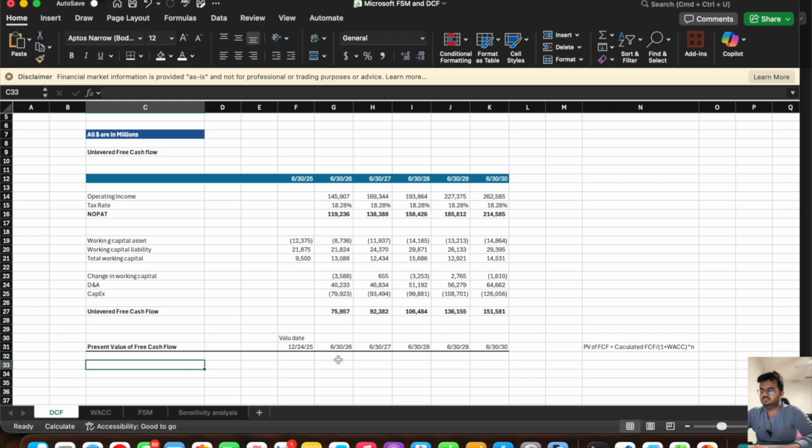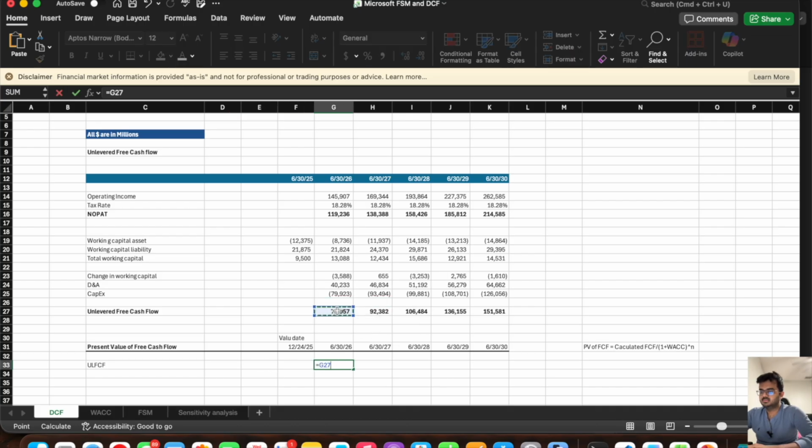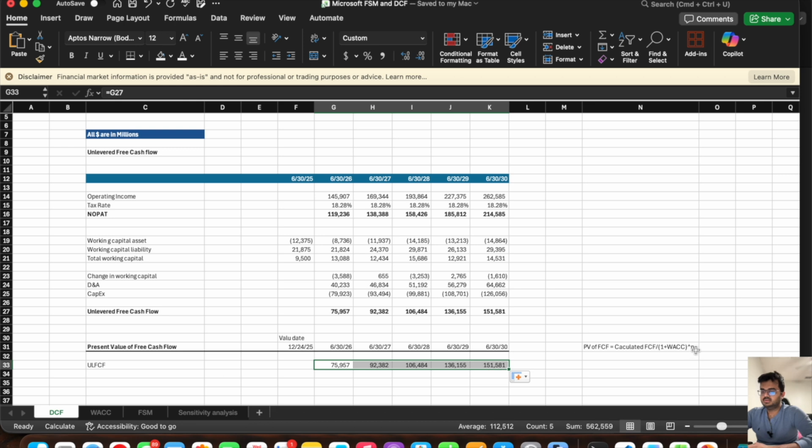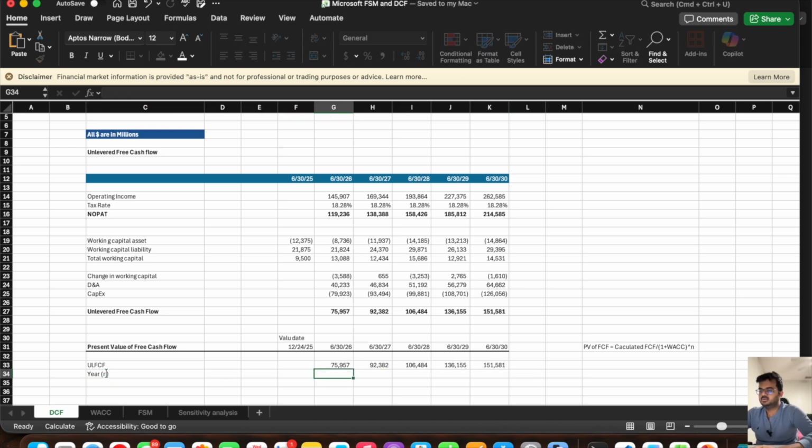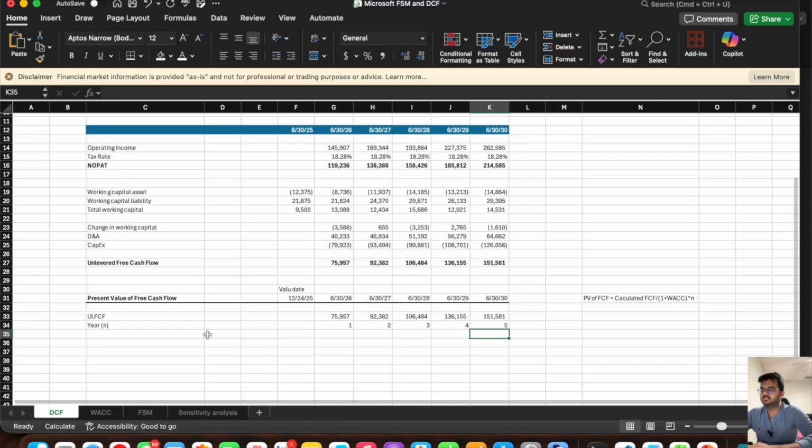So now I will first type in unlevered free cash flow, which is nothing but these numbers. Then for the n, I'll add a column. This is first year, second year, third year, fourth year, and fifth year.